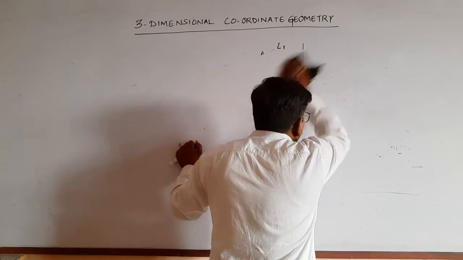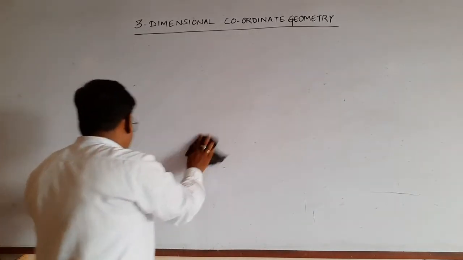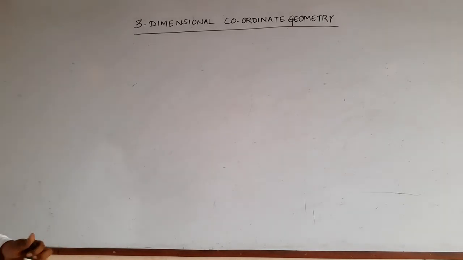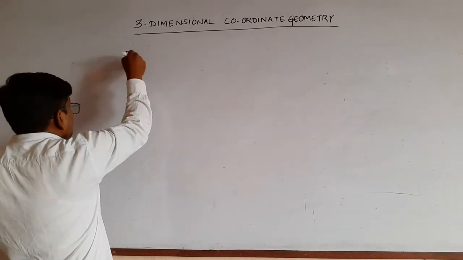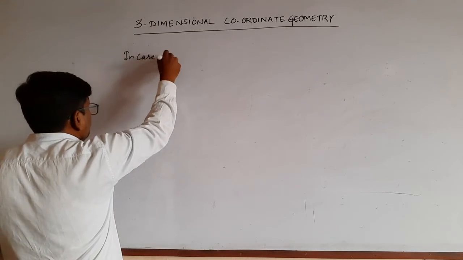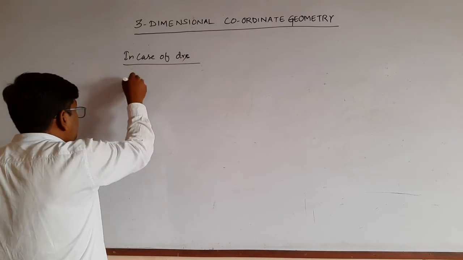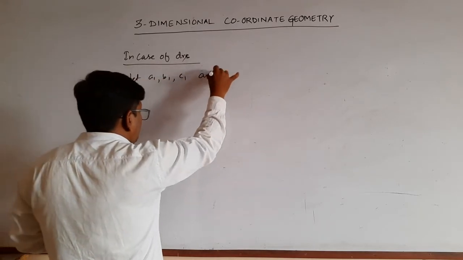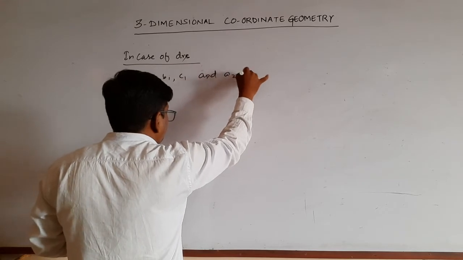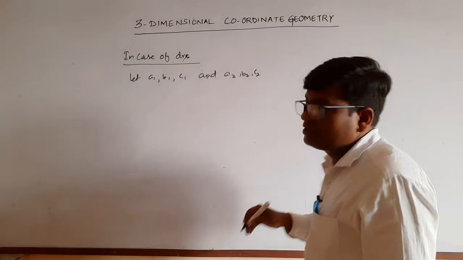In case of direction ratios, let A1 B1 C1 and A2 B2 C2 be the DRs of two lines.